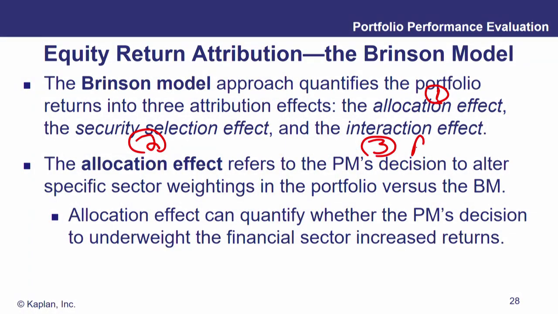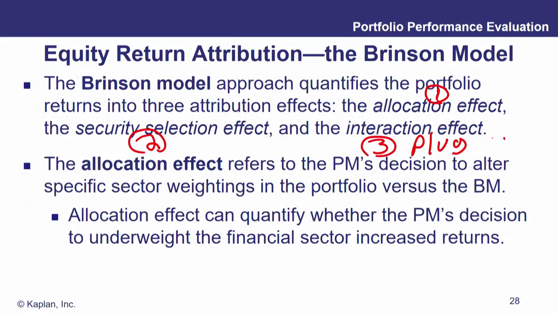Okay, and then the interaction effect. Anytime we have a model, there's going to be a plug to make sure the model adds up, to make sure this arithmetic return adds up to the returns that we see. So the interaction effect is a plug variable. A lot of these models that we go through are going to have plug variables. And we're hoping that this is going to be close to 0.